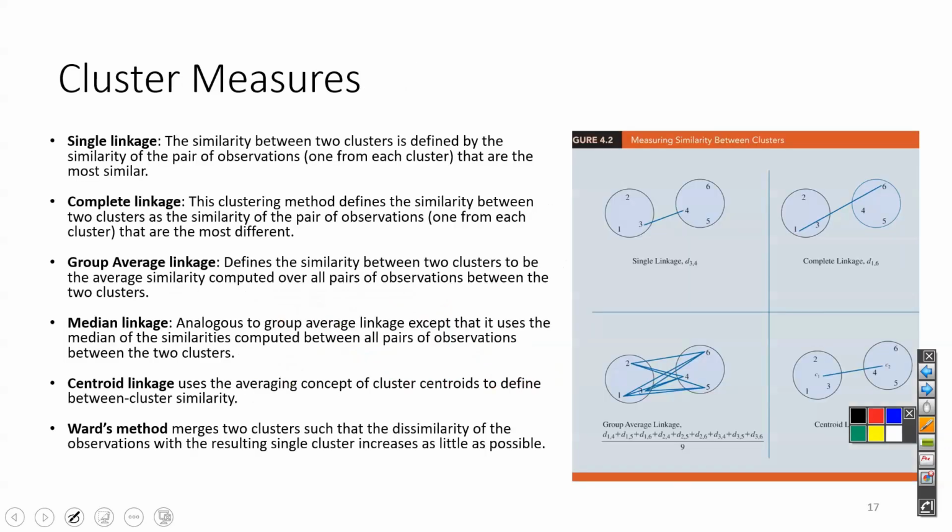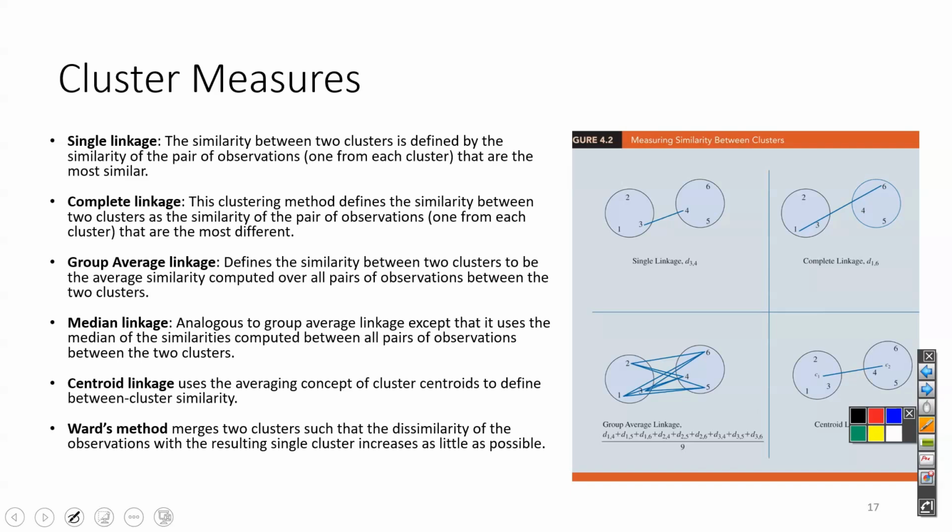So let me tell you what that means for each case. For the single linkage, I want to find the closest distance between the two groups, based on the individuals in each of those groups that are closest to each other. For example, everyone on the left-hand side of the cluster is group 1, and everyone on the second part is group 2.